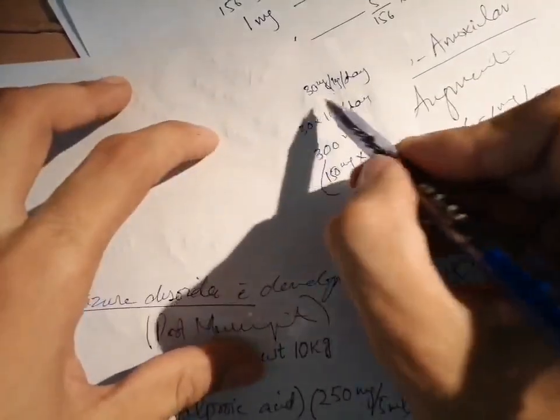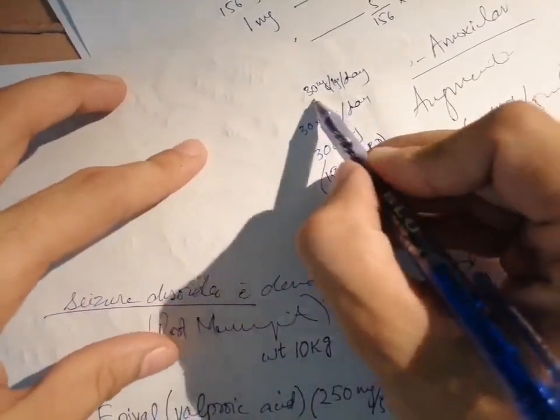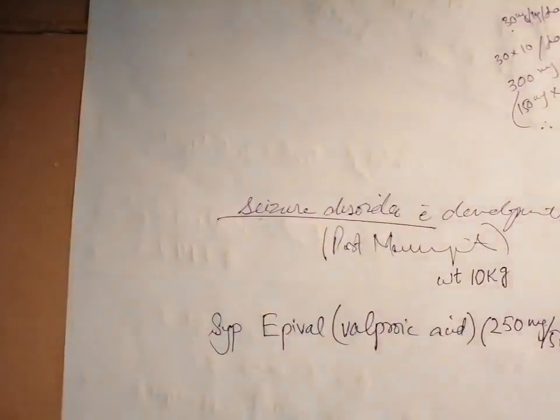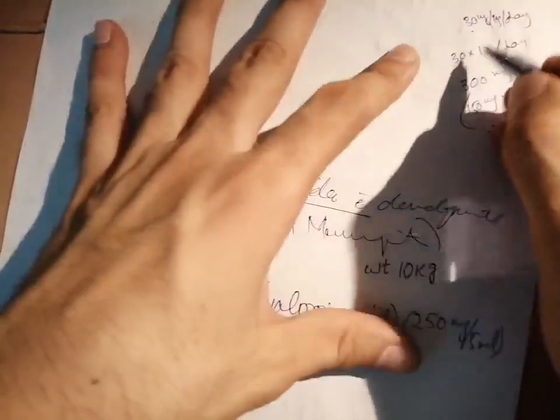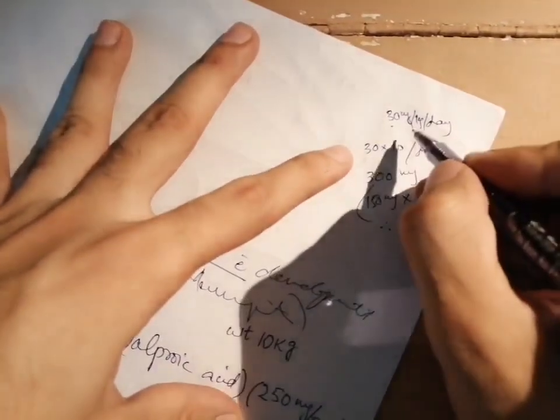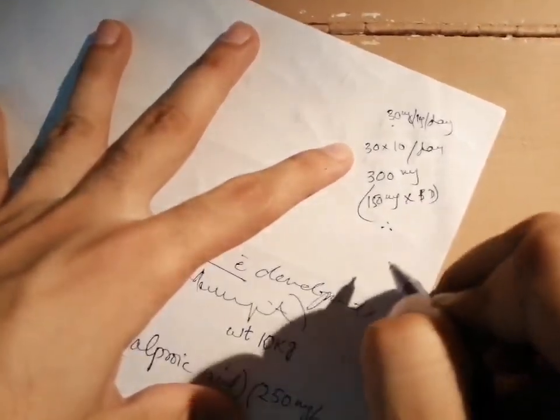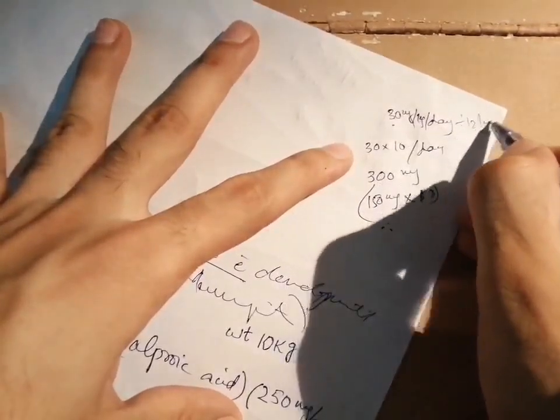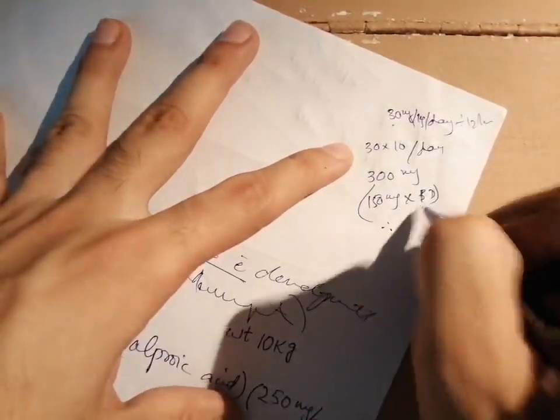Let me reevaluate. I'm giving the dose of 30 milligram per kg per day. Weight is 10, 300 milligram divided 12 hourly I wish to give it, so 150 milligram BD.